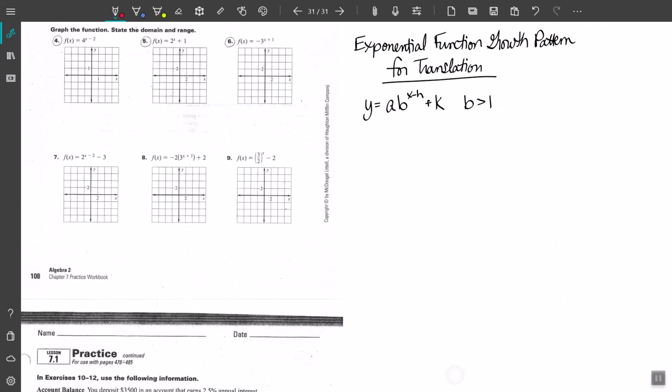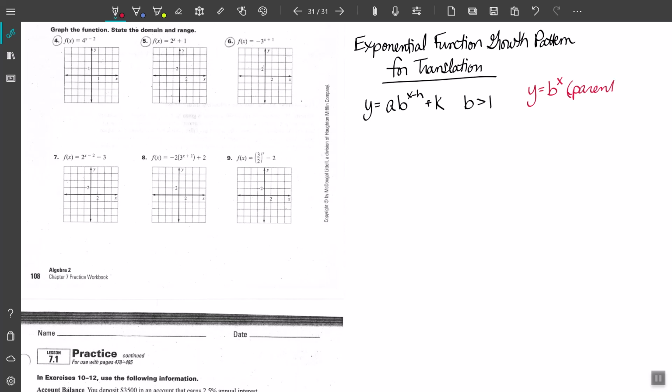So now for this function, just like all of the other functions we have talked about, there's always a parent function, the most basic type of the function. So for an exponential growth function, this would be the parent function.